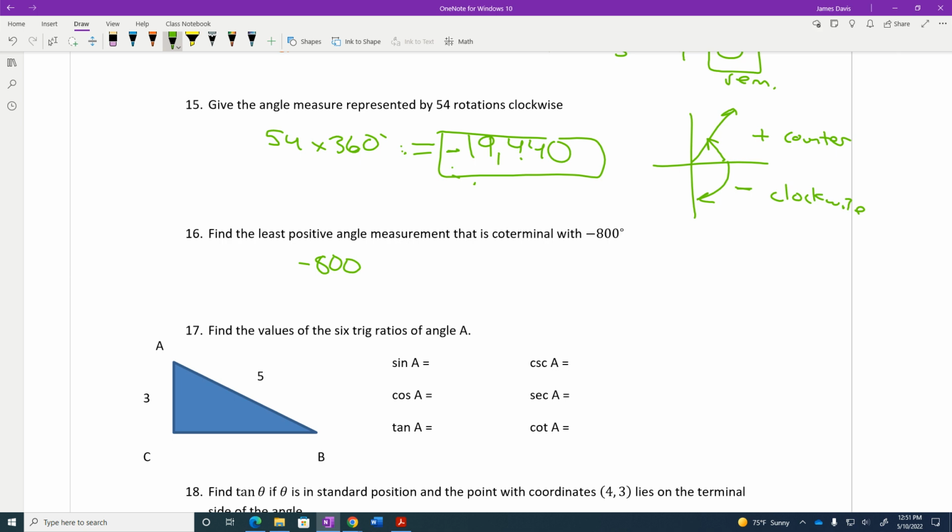So we add 360. We get negative 440. It's not positive yet. So we add 360 again. We get negative 80. Not positive yet. So we add 360 again, and we get 280 degrees.